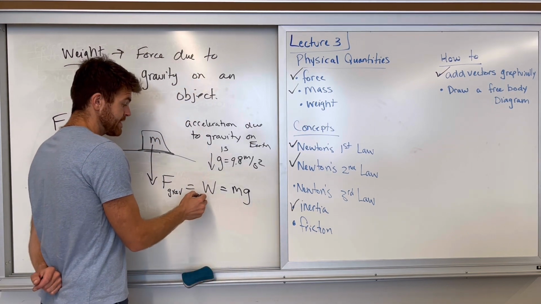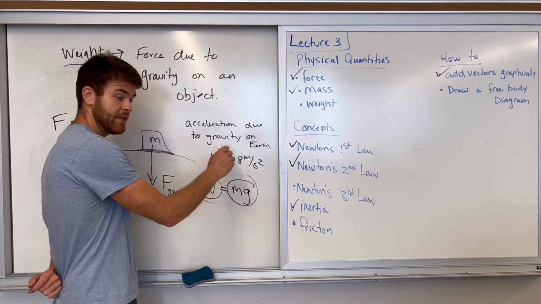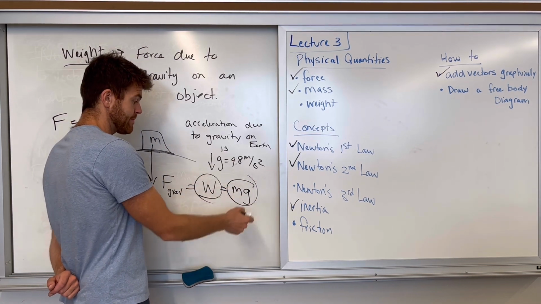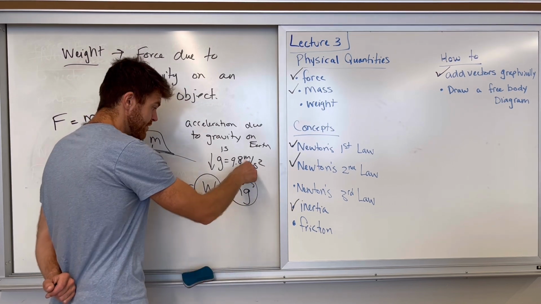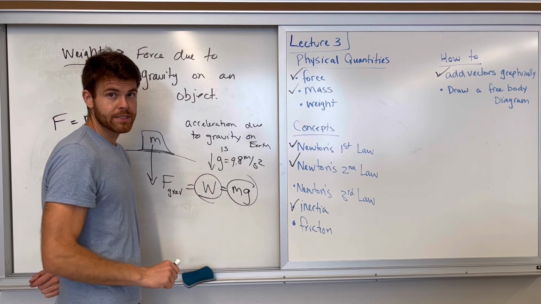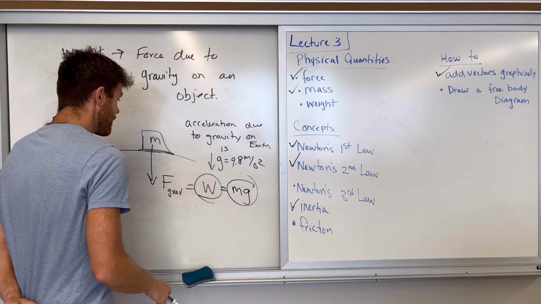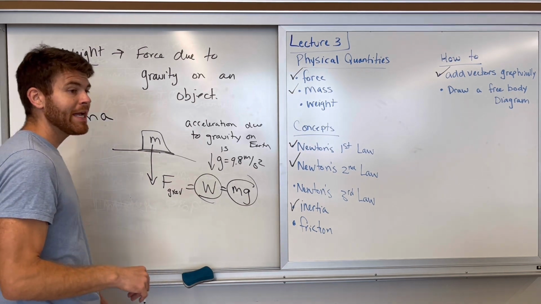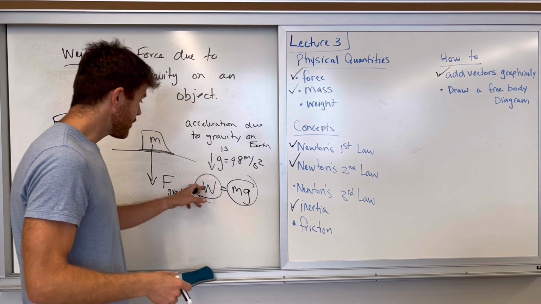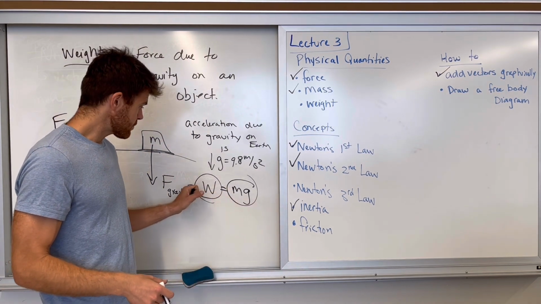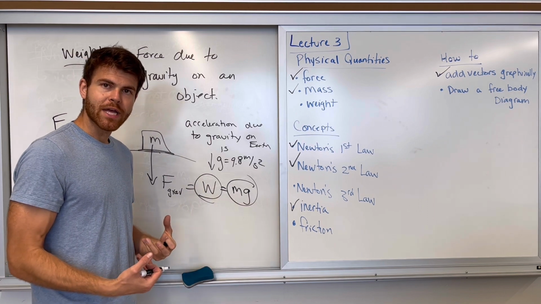And this side of the equation, weight, is a force. This side of the equation is a vector. It's also force, mass times gravity. But the magnitudes have to be the same, and they have to point in the same direction. Since gravity points down, the weight points down. Weight always points straight down toward Earth. So weight is the force due to gravity. And that's why sometimes weight and mass get confused, because they're proportional to each other. The larger the mass is, the larger the weight of the object is.